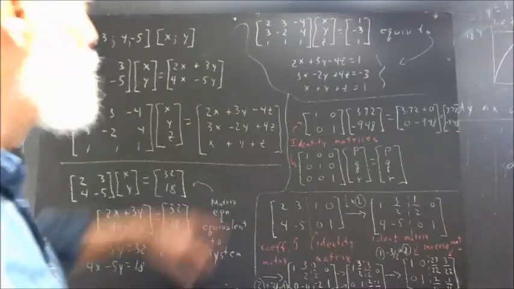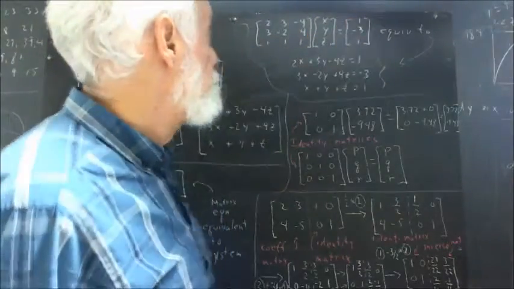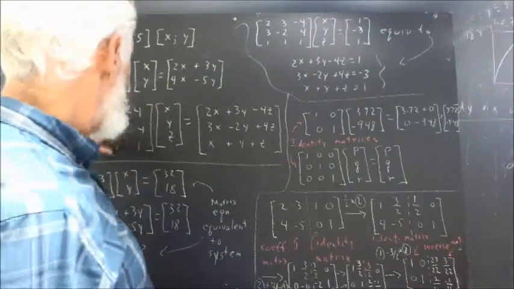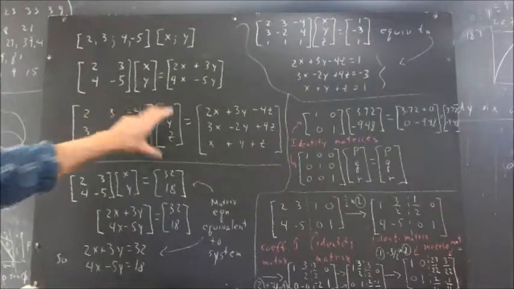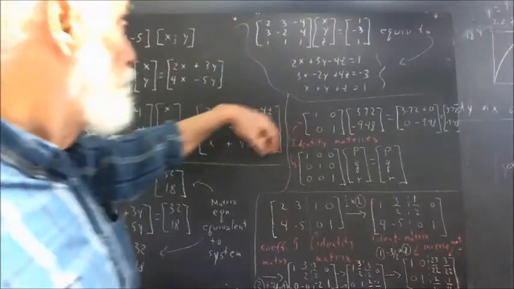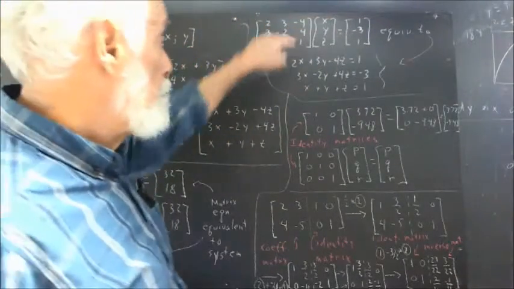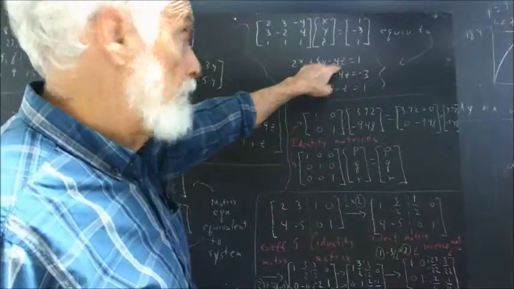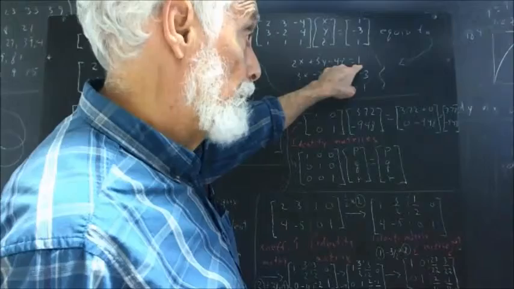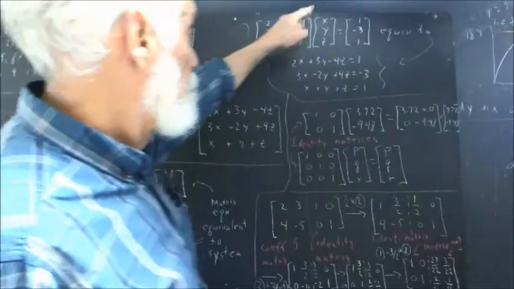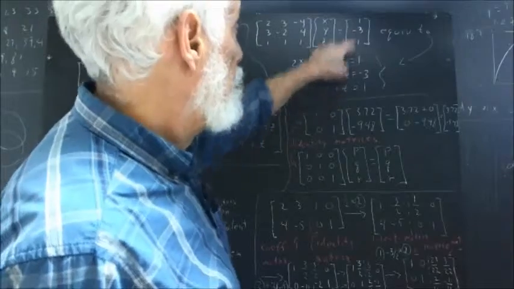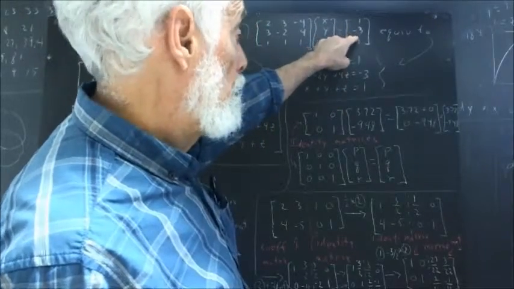Similarly, this matrix equation is equivalent to, well, here's the product of the same two matrices, so that the first row is going to be 2x plus 3y minus 4z, and that's going to have to equal the first row of this matrix. And then the second row we get here is 3x minus 2y plus 4z, and that should equal the second row of this column matrix, -3.